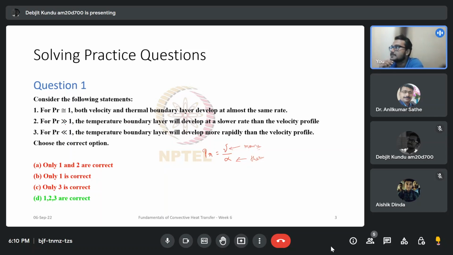If Prandtl number is much greater than 1, that means momentum diffusivity is much higher than thermal diffusivity. Then the hydrodynamic boundary layer will develop at a much higher rate than the thermal boundary layer. So in comparison, the thermal boundary layer will develop at a slower rate. And in the opposite case, where Prandtl number is much less than 1, the thermal boundary layer will develop more rapidly than the hydrodynamic one. So it's a simple one. I hope things are clear.